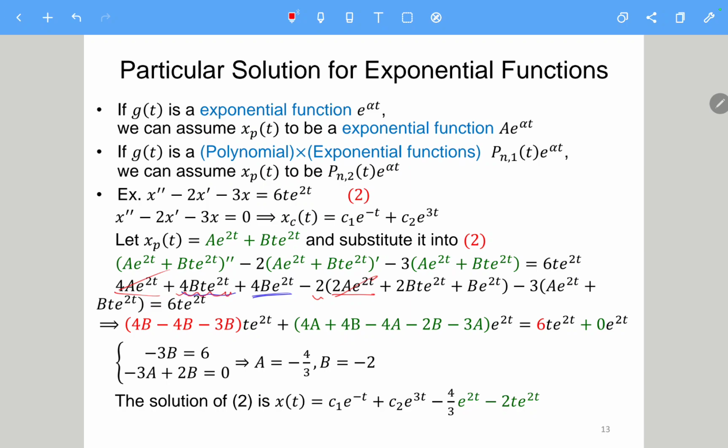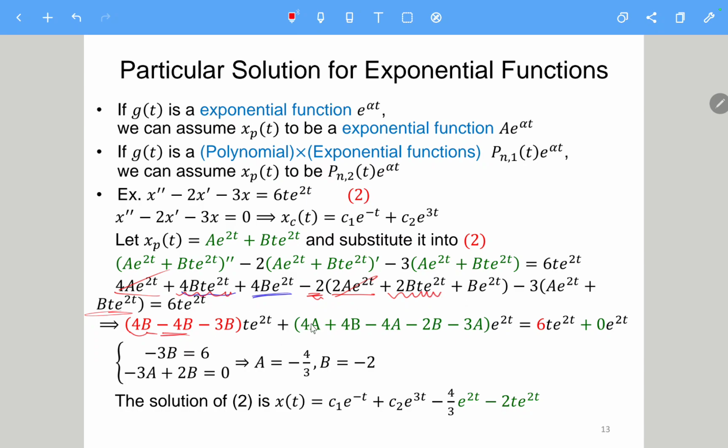Here we have 4bt times exponential 2t, and then here we have 2b exponential 2t multiplied by 2, so we have negative 4b. We also have this one, minus 3 multiplied by this one, so we have minus 3b. And then we have 4a here, minus 4a here, 4b here, minus 2b, and then minus 3a.